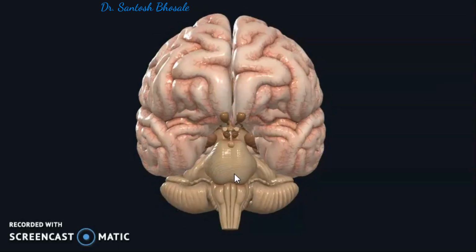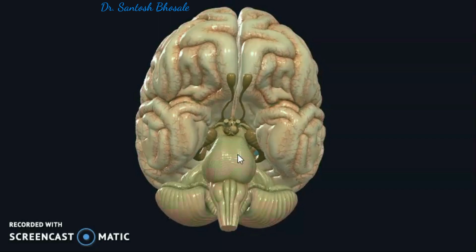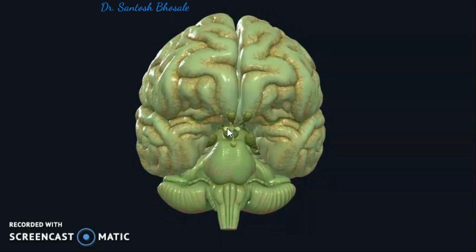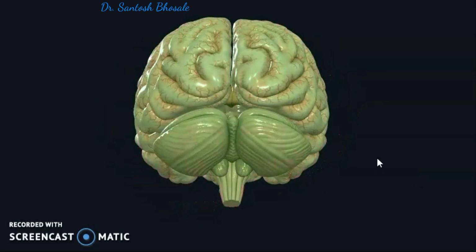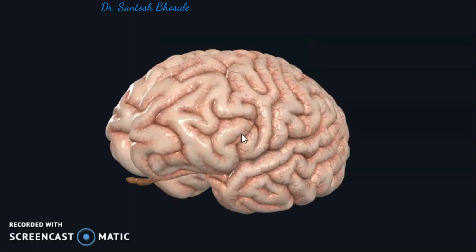In front and below the cerebrum, you can notice the midbrain; the entire stalk-like structure is the brainstem: midbrain, pons and medulla, and here you can notice the cerebellum. So these are the different parts you can see, and this is the cerebrum.